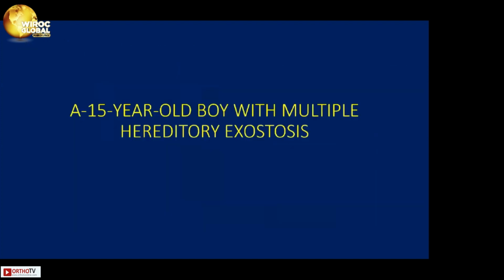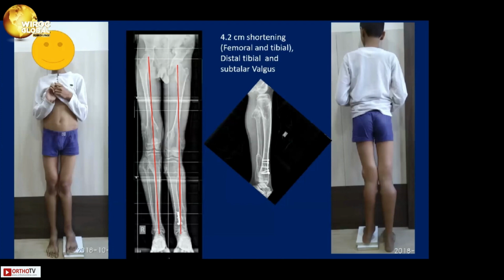A 15-year-old boy with multiple hereditary exostosis. He had valgus in his left leg. It was also short by about 4 centimeters. The valgus was coming from the distal tibia and subtalar joint. He had an osteotomy in the past and he was short in both femur as well as tibia.